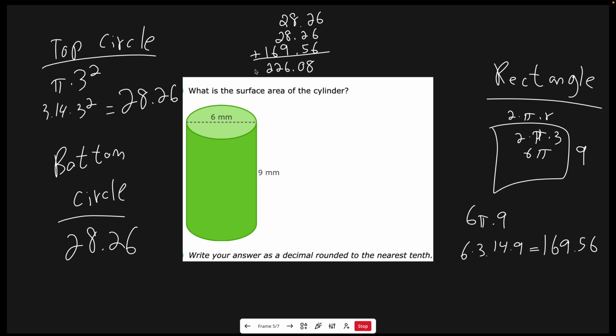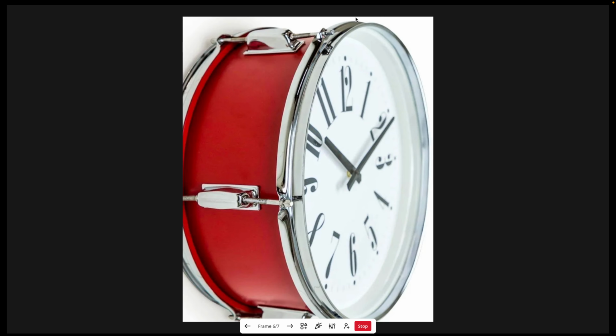Okay, so here I've added all three. You get 226.08. Notice the instructions say round to the nearest tenth. So our final answer would be 226.1, final answer.